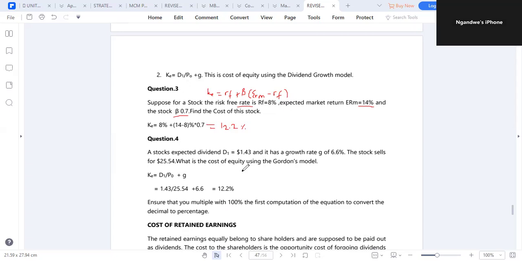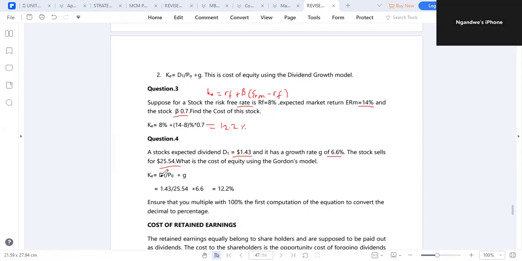You can also use the Gordon's model, which is given by D1 over P0 plus growth. So suppose the dividend in year one was paid to be 1.43, with a growth rate of 6.6%, and the stock is selling for $25. What is the cost of equity?